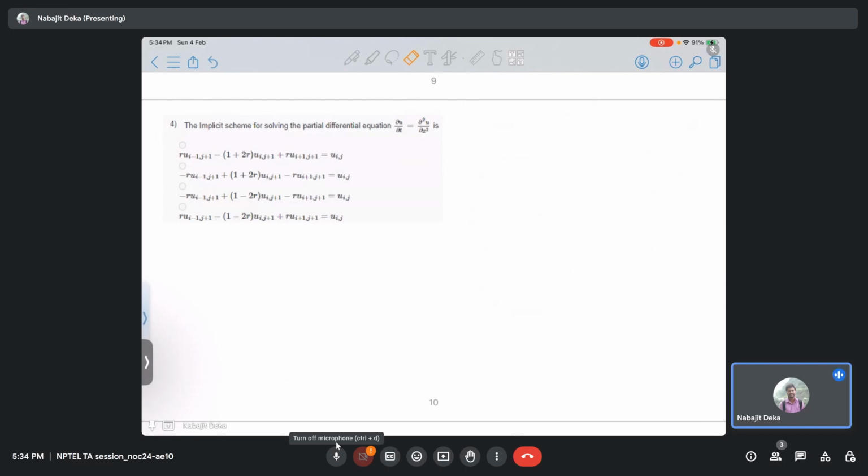Question 4 is asking for the implicit scheme for solving this PDE.